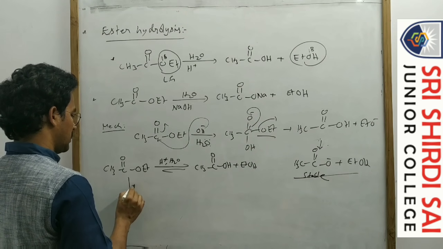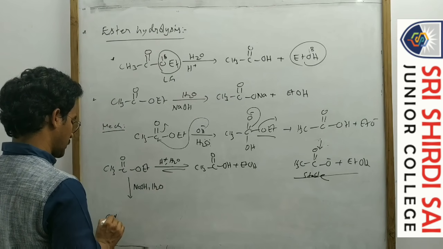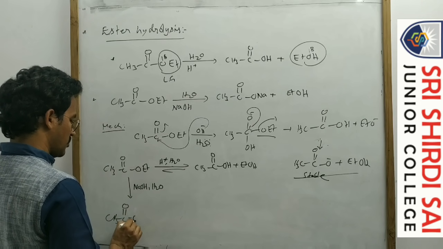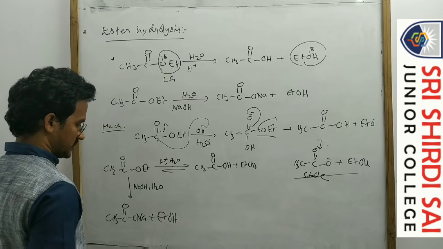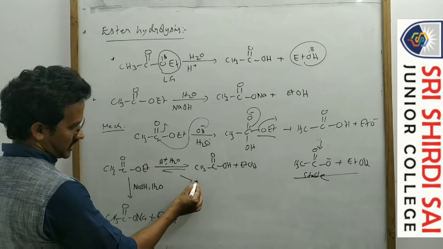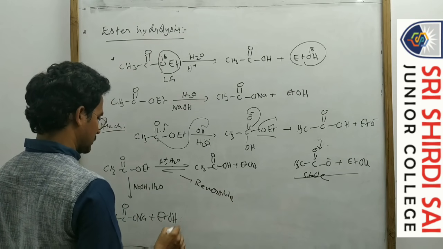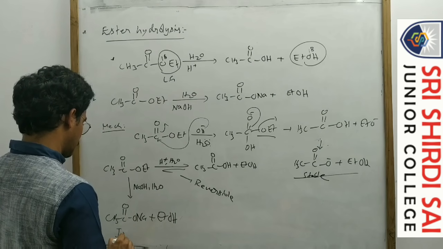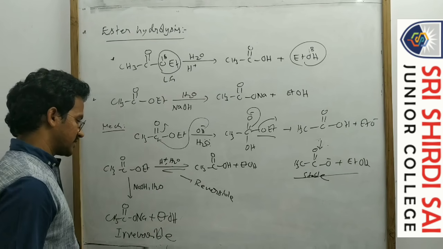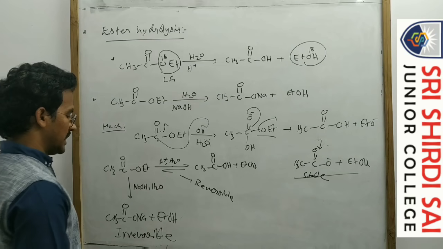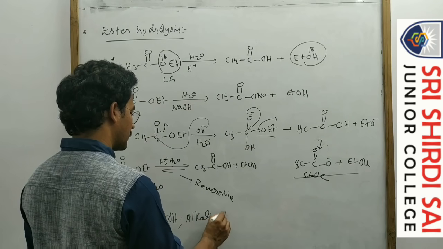Now in a basic medium hydrolysis, suppose NaOH and H2O, CH3C double bond O, ONa plus EtOH. Okay, the acid one is a reversible reaction, and this one is an irreversible reaction.